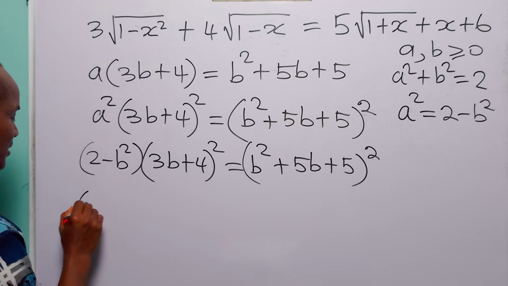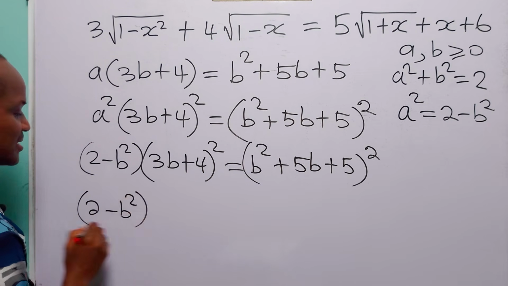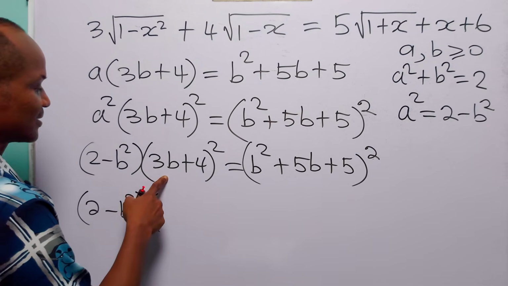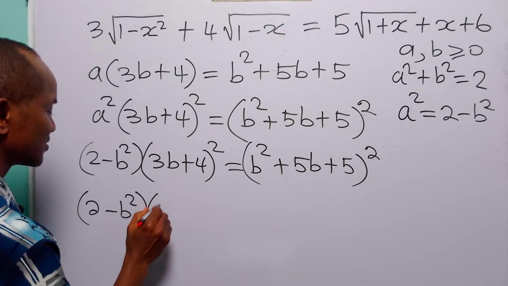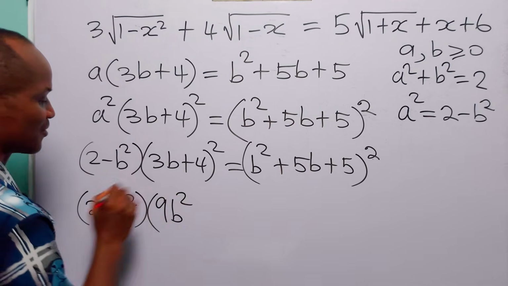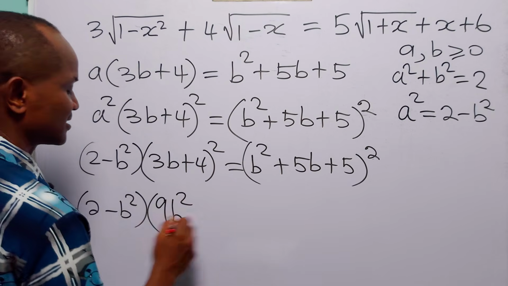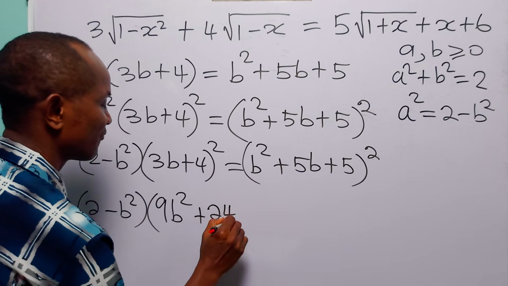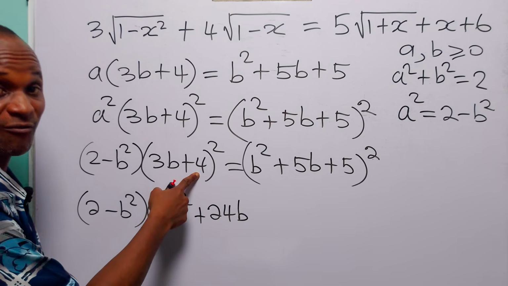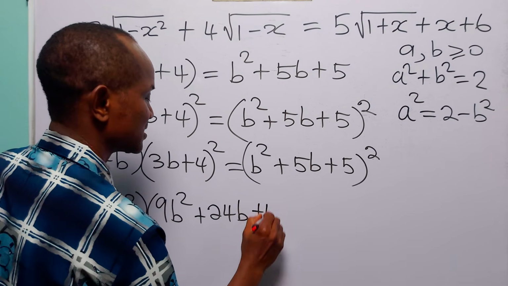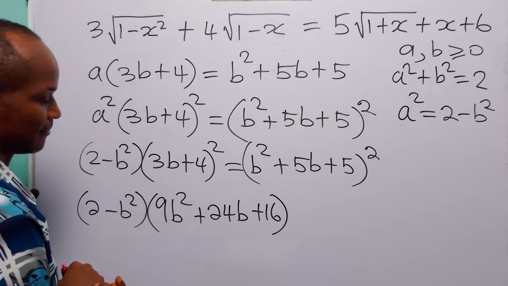We have 2 minus b squared times 3b squared is going to give us 9b squared. Then we have 2 times 3b times 4. That is going to give us 24b. And we have 4 squared, which of course is equal to 16.